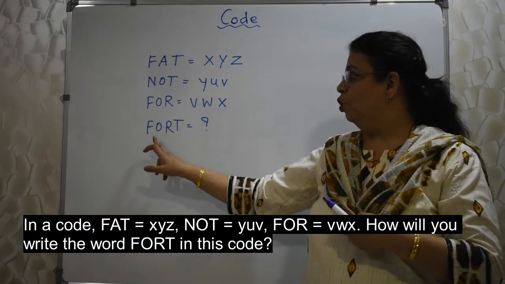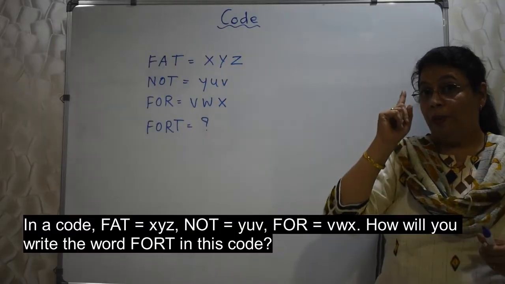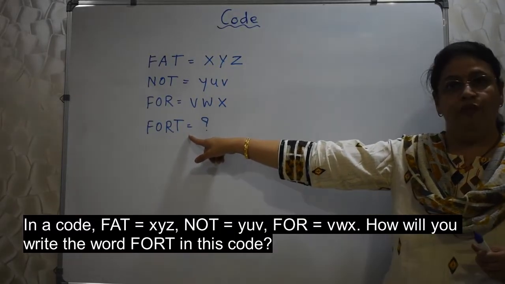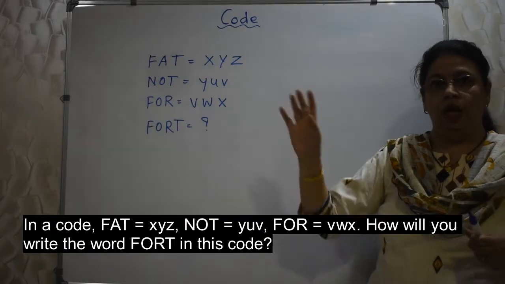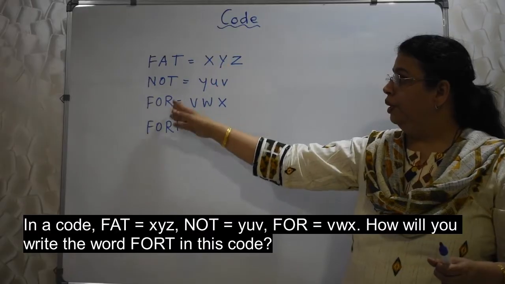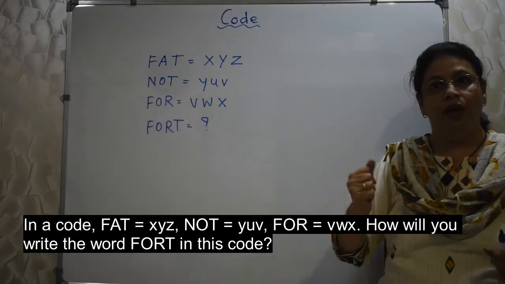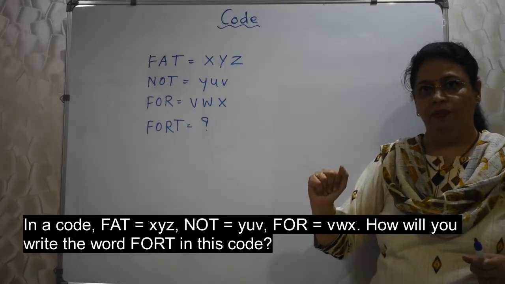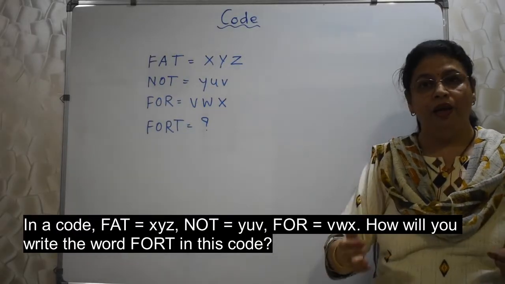Okay. So now here, keep your eye on what they are asking. They are asking us to find out FORT, right? So I should know FORT. But here FOR is already given. Why will I find out F when FOR is given? It is ready-made given.